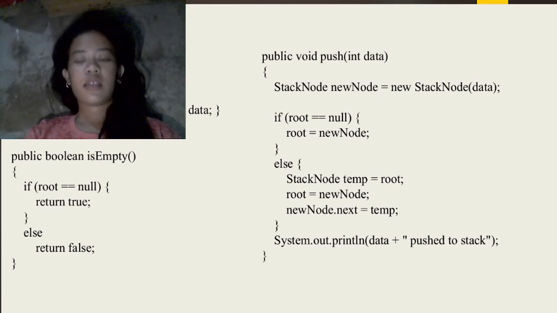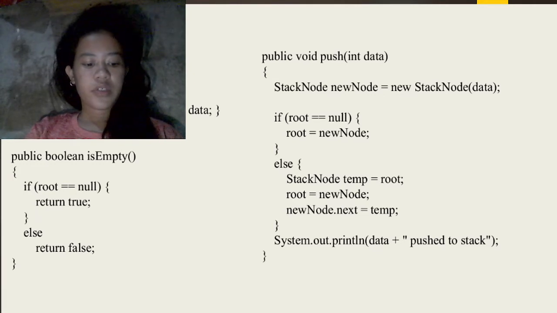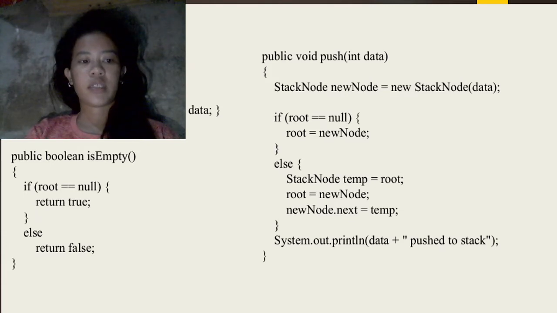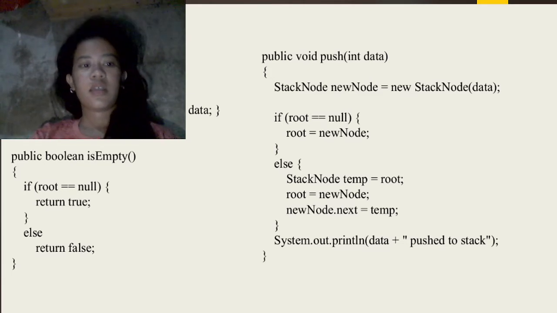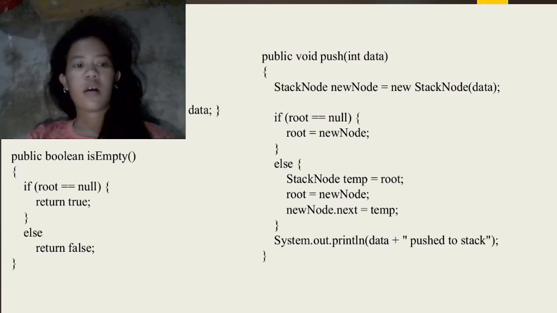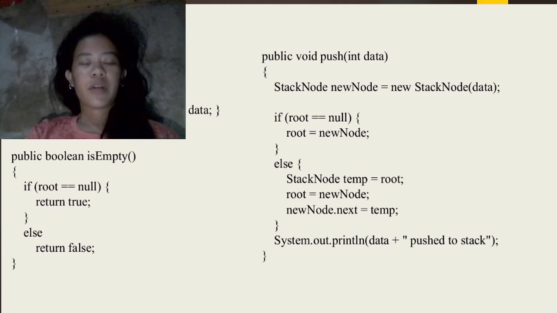In int data here we can insert the integers that have an integer data type. We're going to store it here. And the next, StackNode next, is the representation of the pointer.